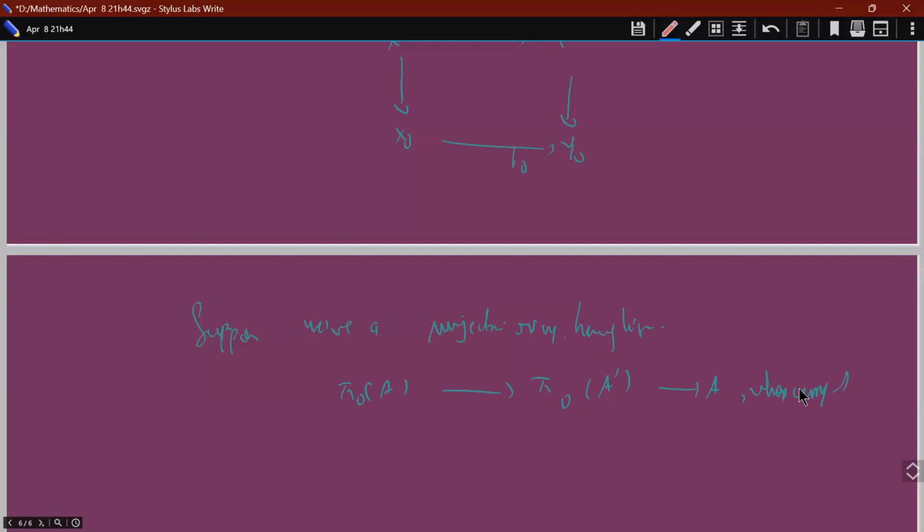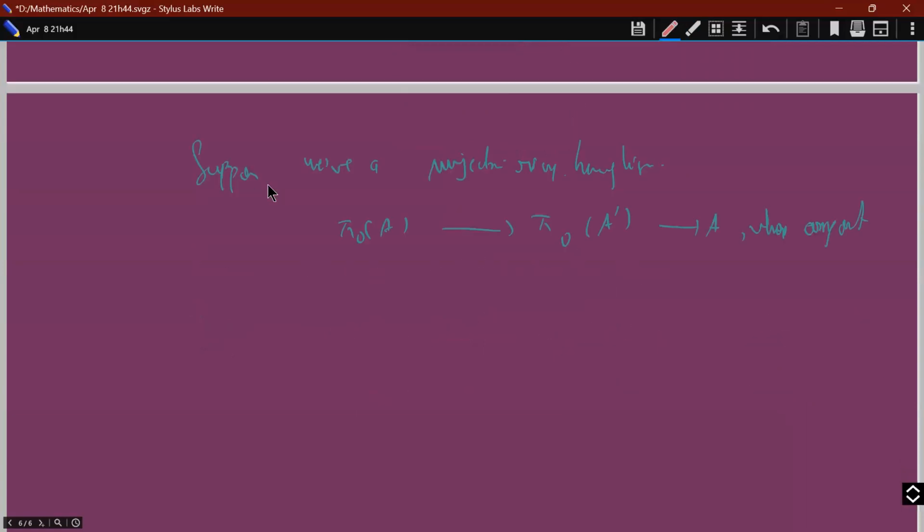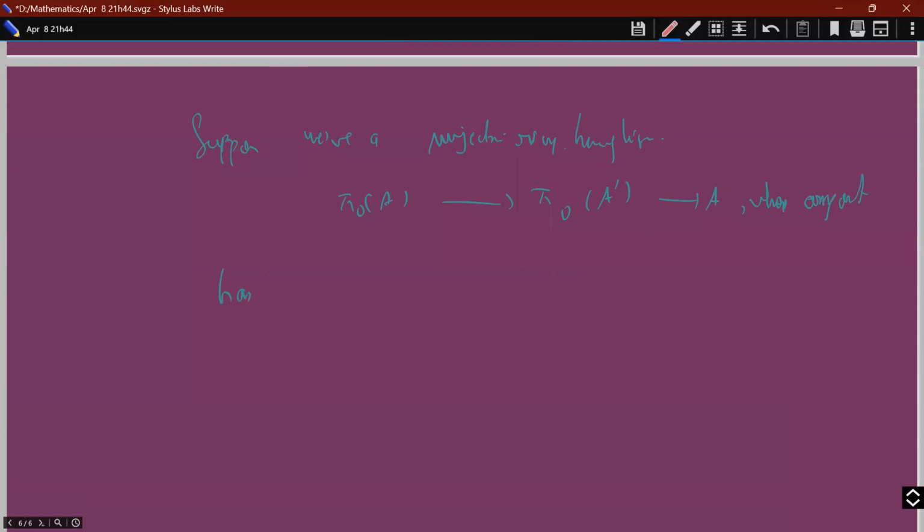So its composition has go. So it's called psi again.